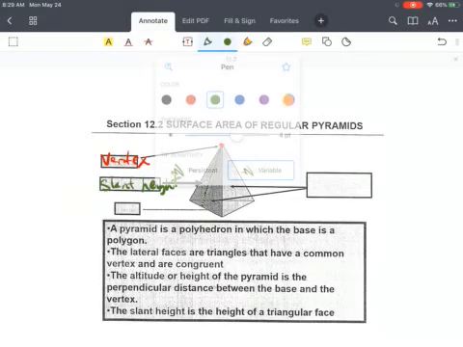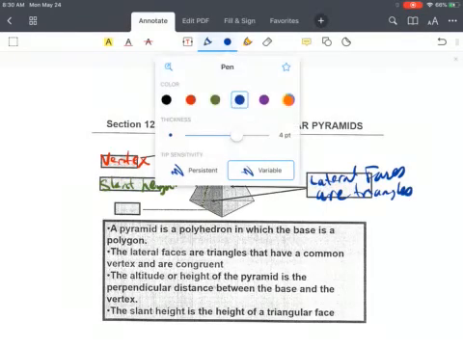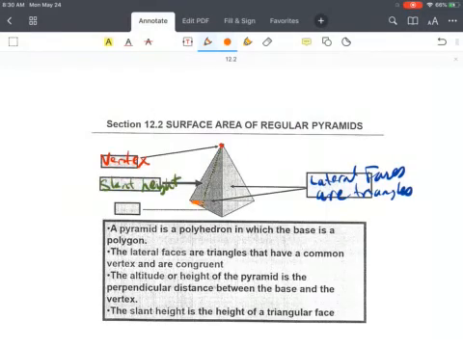And then, as I mentioned, all the faces that are going around are triangle faces, so the lateral faces are triangles, and that helps identify the shape of the base. In this case, it's a triangle, but we could have any shaped base we want down there.